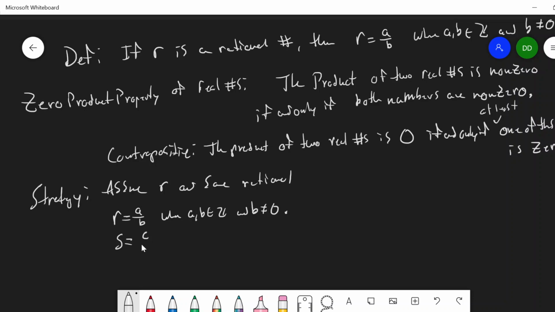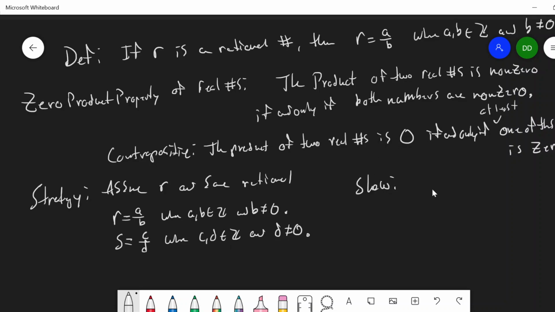So let's call them C and D. C and D are integers, and D is not equal to 0. Again, I couldn't write this as A over B. If I wrote S equals A over B, that would imply that S is equal to R. And that's an assumption that we're not making. We don't want to assume that R is equal to S. And so we need multiple variables here. So that's something to watch out for.